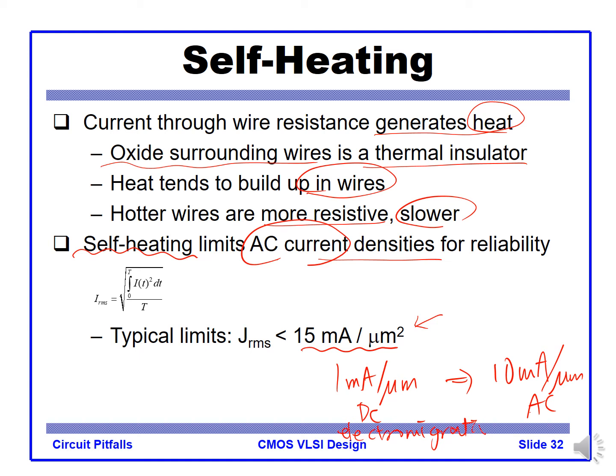So AC and DC current maximum limitations are different, so double check the metal wire width when you design. You have to watch out for how much DC current and how much AC current will flow in your design. So you have to double check. Okay.